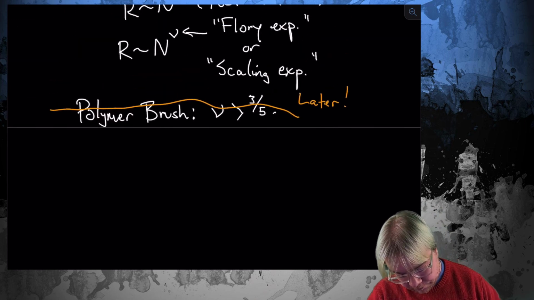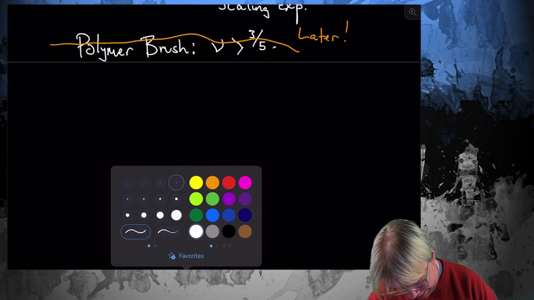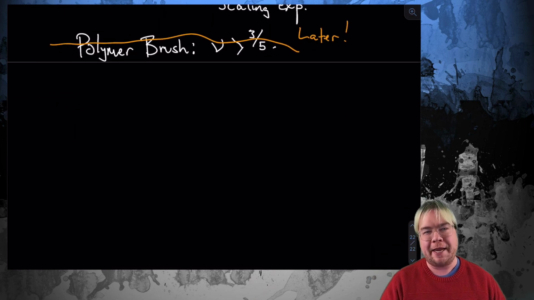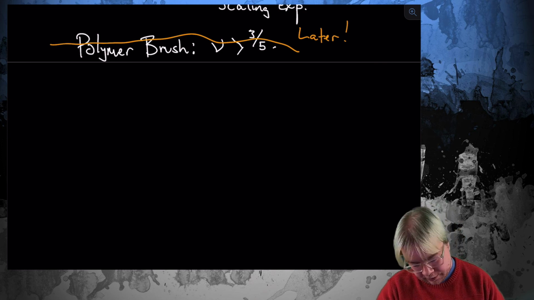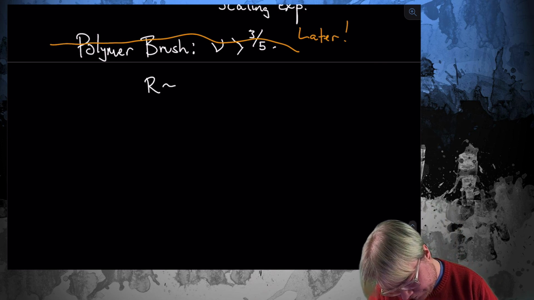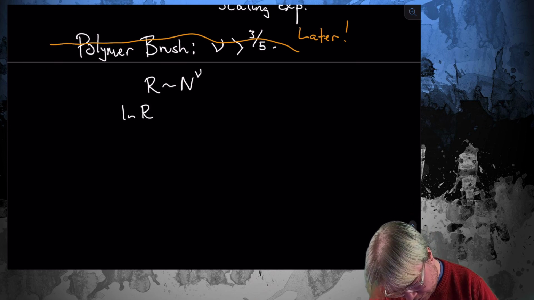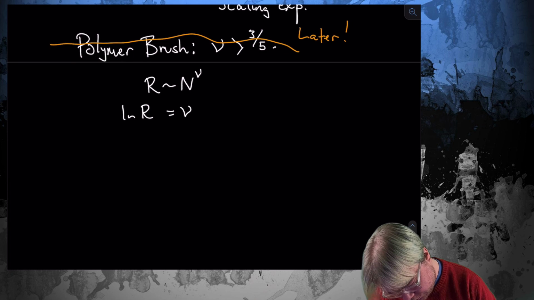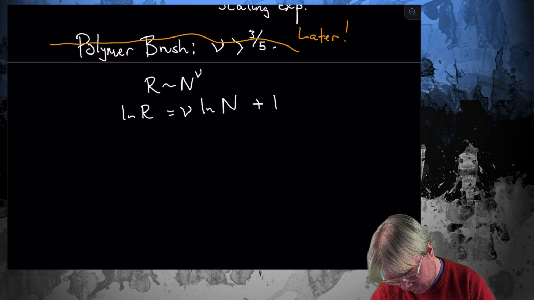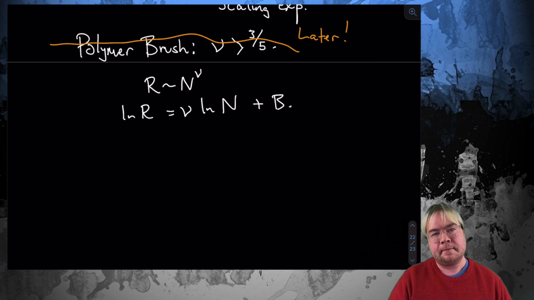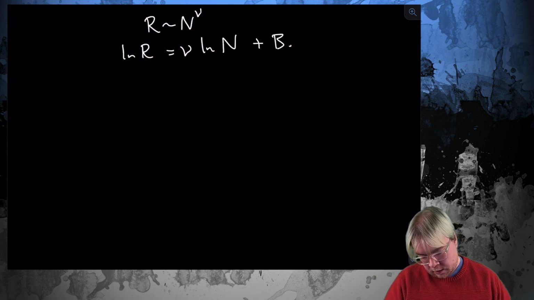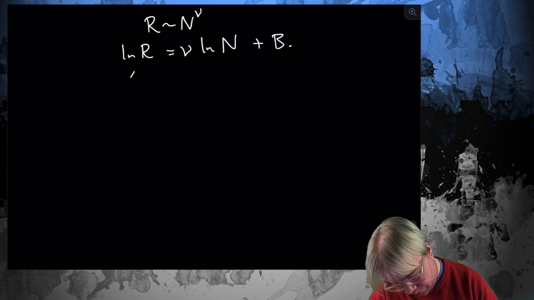So the last thing I want to do is show you a graph about how complicated polymer conformation can be. So if R scales as n to the nu, then if I plot log R, I'll get nu log n plus a y-intercept. Okay, so what? Well, let me draw a plot.